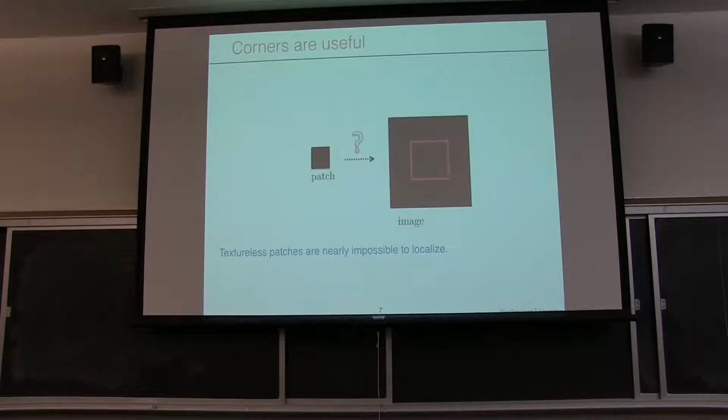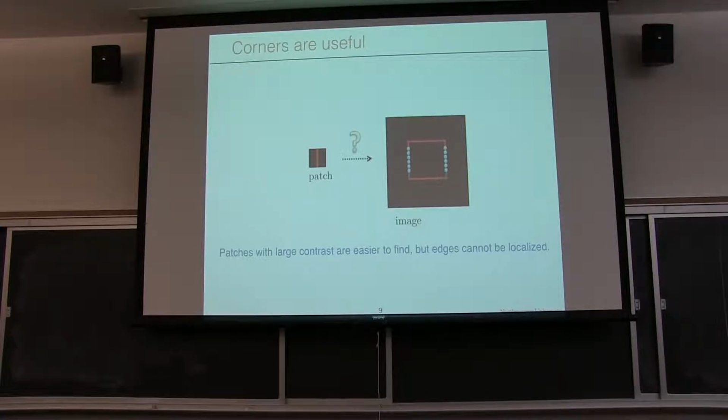All right? Now, what if instead of having a black patch, I have an edge? Can you now tell me where that patch is on the image? I can tell easily where it's not, right? And all the places it's black. But then, and not on the horizontal lines, but it could be anywhere on these vertical edges of the square.